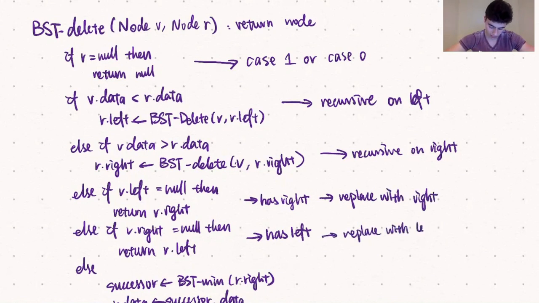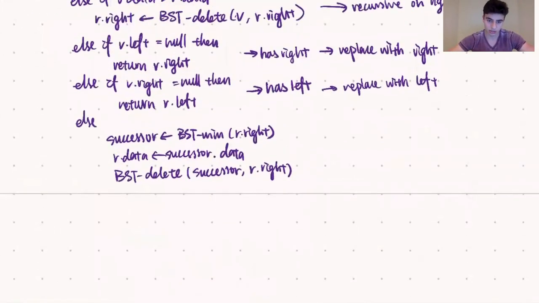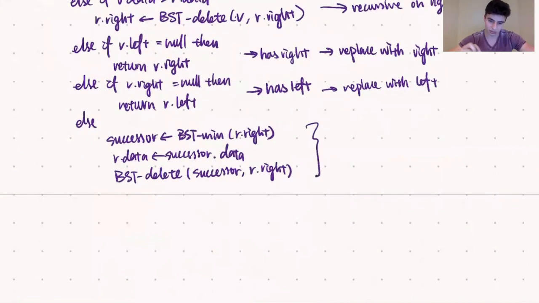Finally, this brings us to case number 3. Now, case number 3 is a little more complicated than the other two cases, but not that much more once we've defined successor, min, and the other notation that we needed for this. So the first thing we're going to do is find the successor of the node that we want to delete.